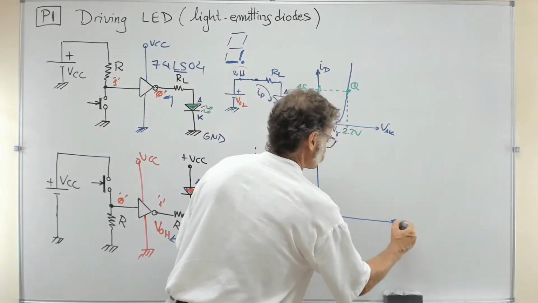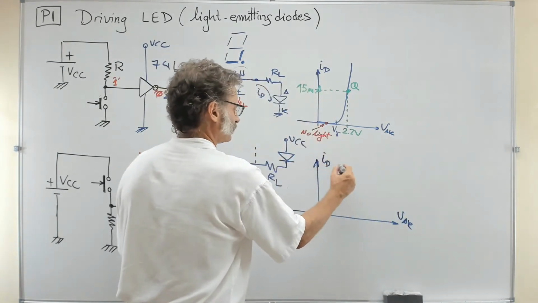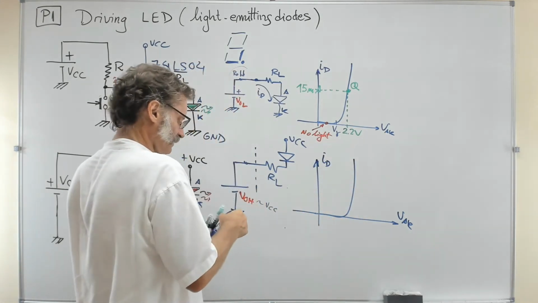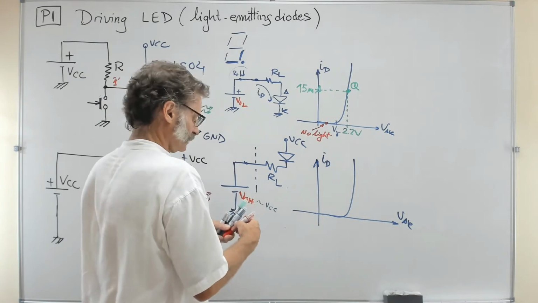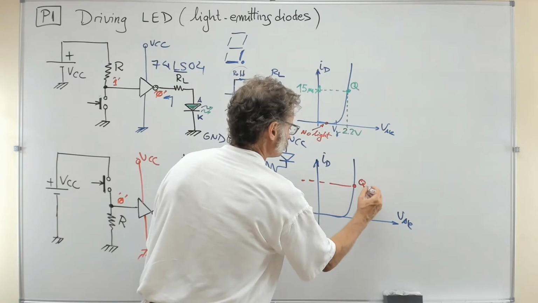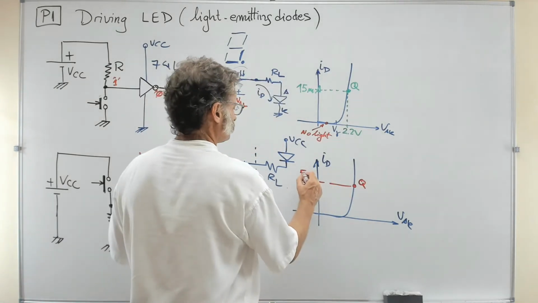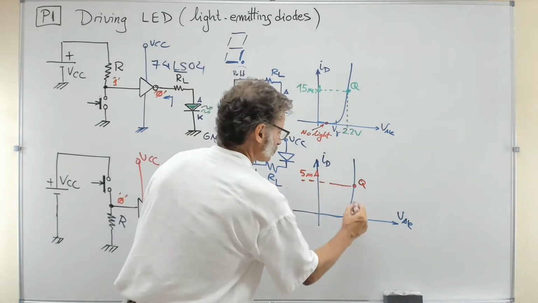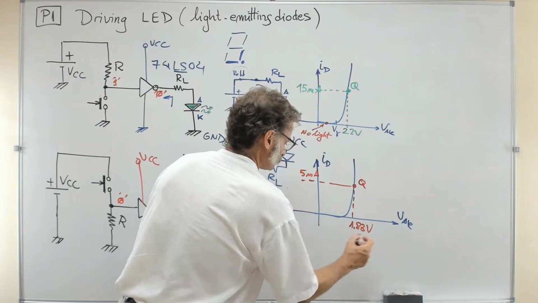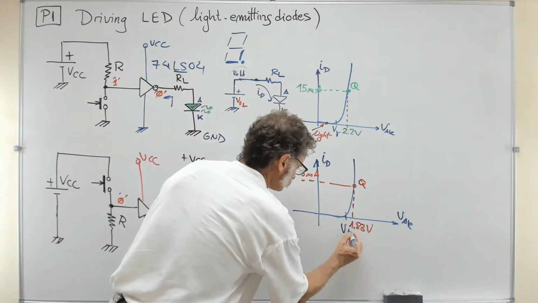forward voltage. So this is the voltage anode to cathode, this is the current, and if this is a red LED, you may imagine, for example, that you would like to light it with this bias point Q, for example 5 milliamps and 1.83 volts, just to give an example, with the threshold very near that voltage.